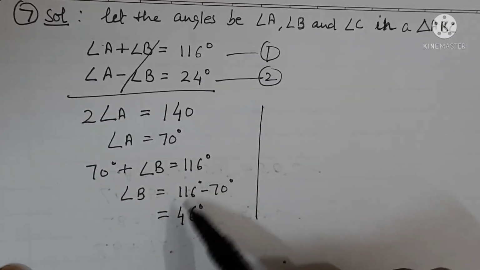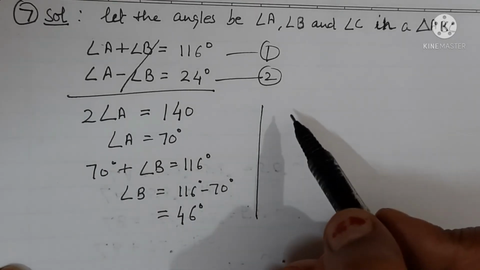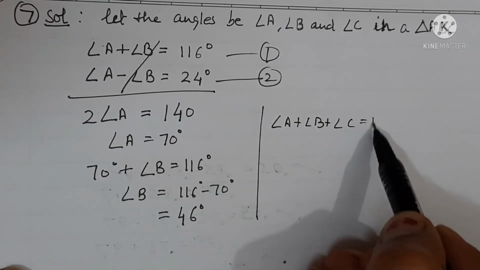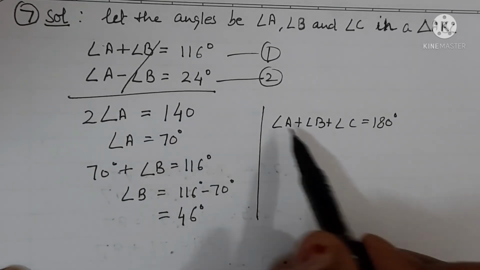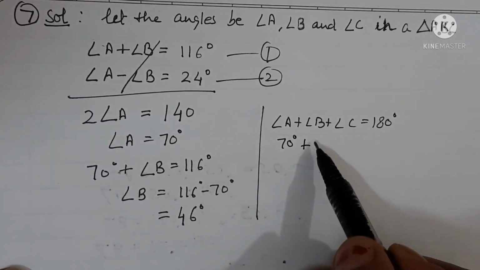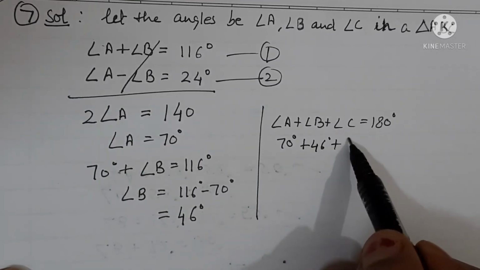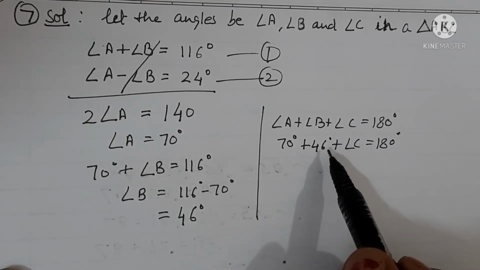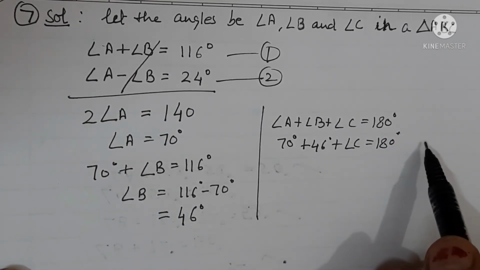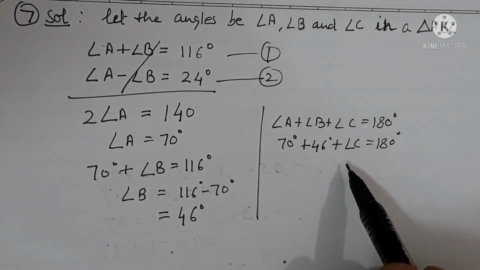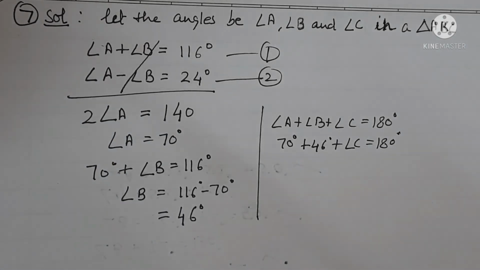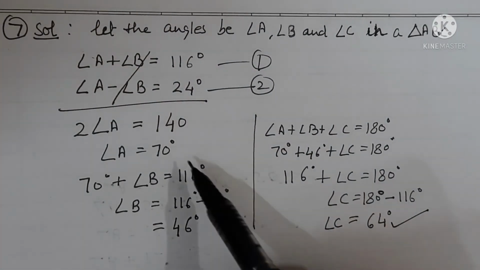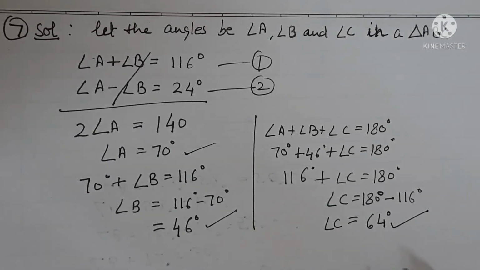You know the sum of three angles is 180 degrees. So write angle A plus angle B plus angle C is equal to 180 degrees. Angle A is 70 degrees plus 46 degrees, which is angle B, plus angle C is equal to 180 degrees. Now add these two and take it on the right side, subtract from 180 degrees, and you get angle C. Solve it, so angle C is equal to 64 degrees. So these three angles we have found.